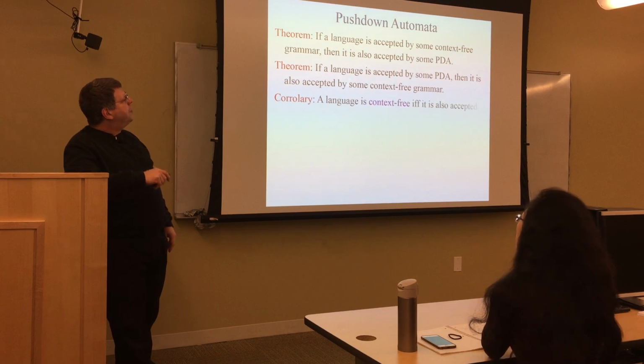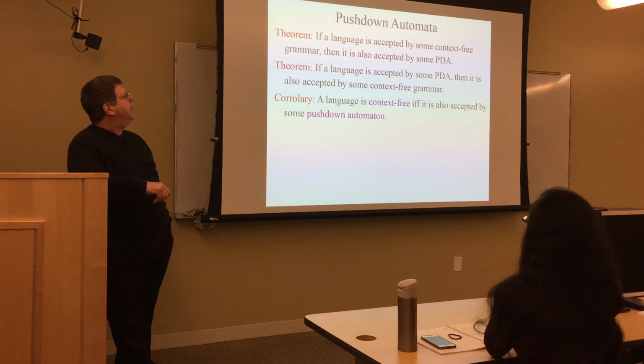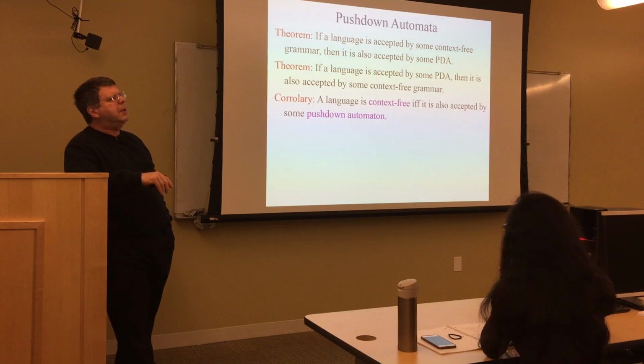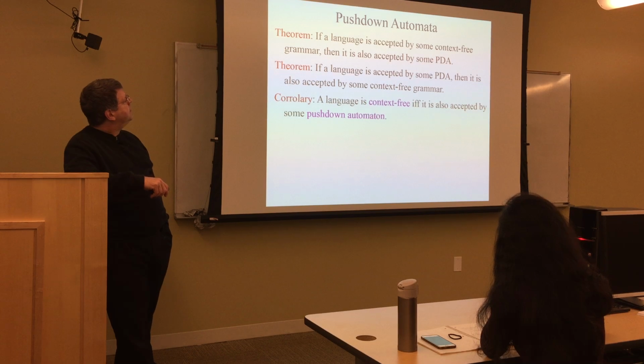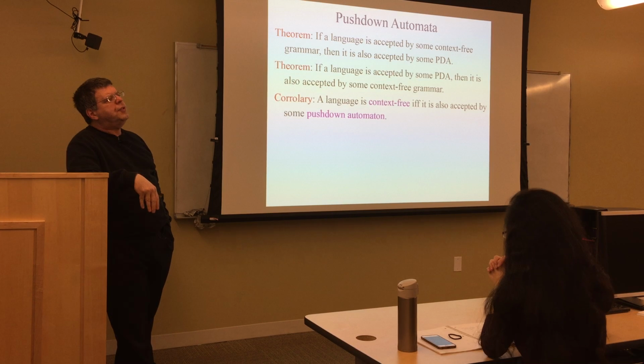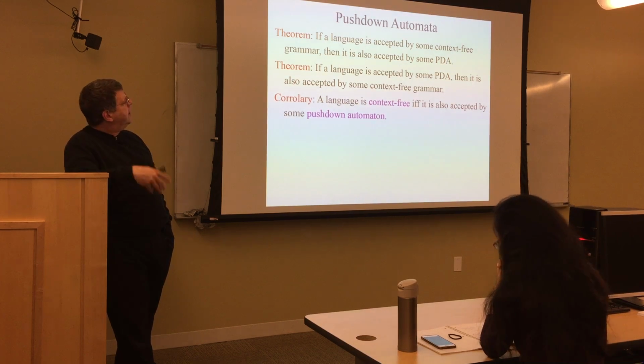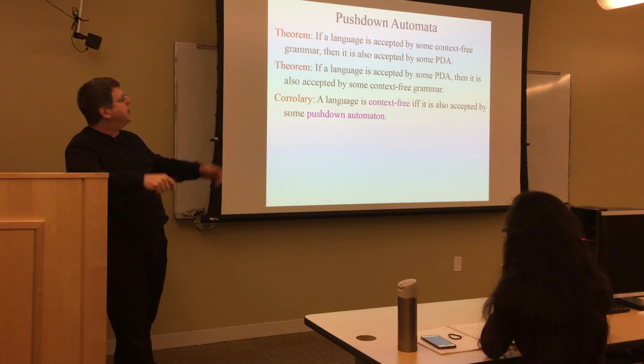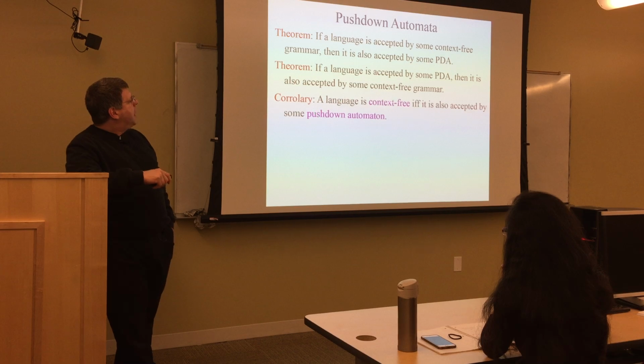Here it's a little bit more involved to prove, but I'm going to leave it to you as an exercise to go deeper into the proof if you'd like. You can prove each one separately. But they parallel the kind of proofs and logic and inferences that we made about the characterization of regular languages as regular expressions on one hand and finite automata on the other hand. So a language is context-free if and only if it's acceptable by pushdown automata.